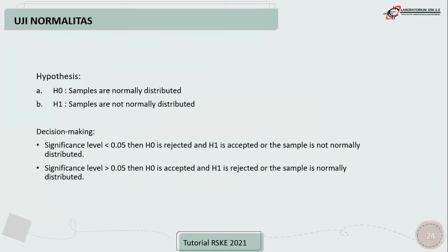For the hypothesis, H0: samples are normally distributed, and H1: samples are not normally distributed. The significance level is 0.05.